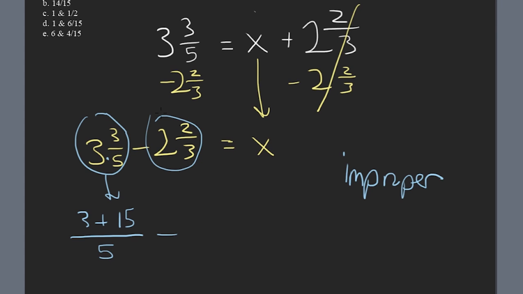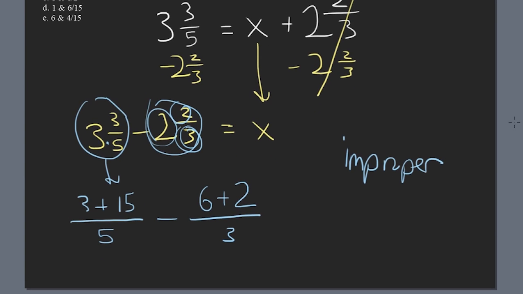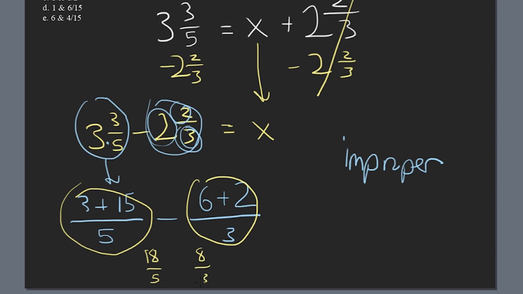So that was 2 times 3, which is 6, and I'm adding it to 2, and it's all over 3. Alright, so running out of space here, let's see what I can do. This simplifies to 18/5 and this simplifies to 8/3, and we're subtracting them.